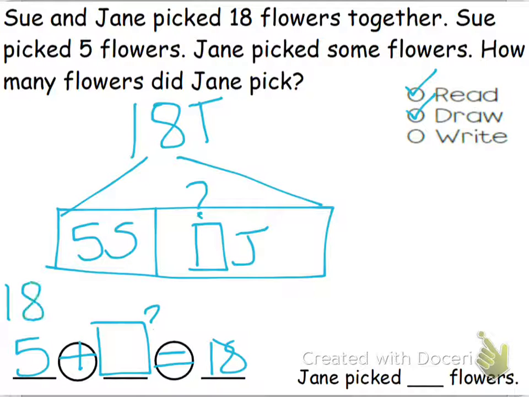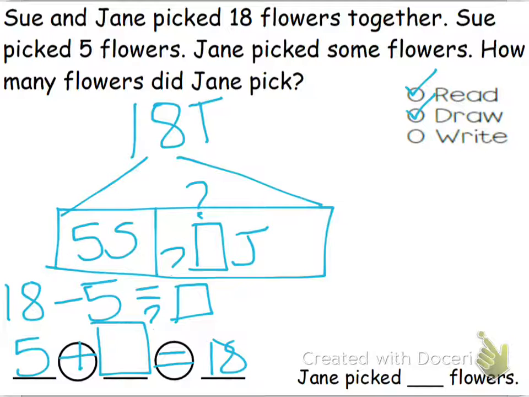Or 18 minus 5 equals mystery box. Either one is completely fine. Even though the subtraction one doesn't necessarily match the word problem, because normally for subtraction something would be taken away, putting in a subtraction number sentence would make it easy or helpful for some of you to better solve. That's why I'm showing you that you could do either way. And you can find the answer no matter which number sentence it is.